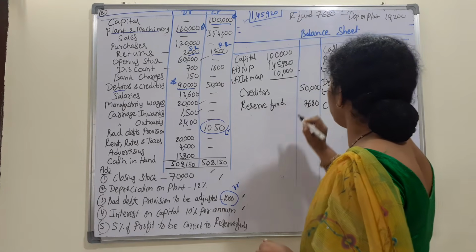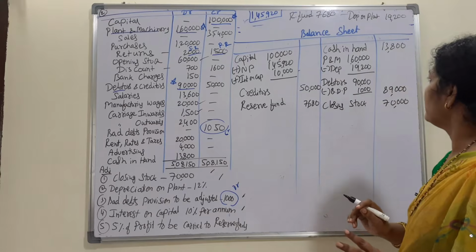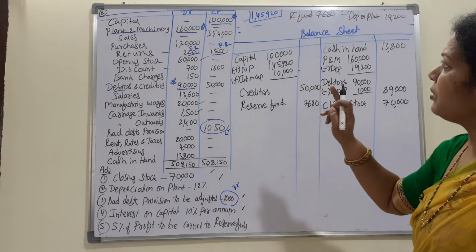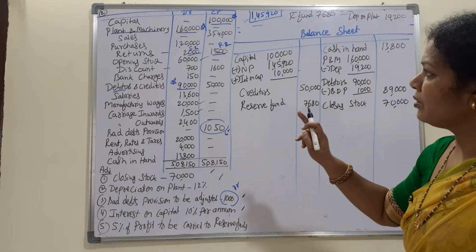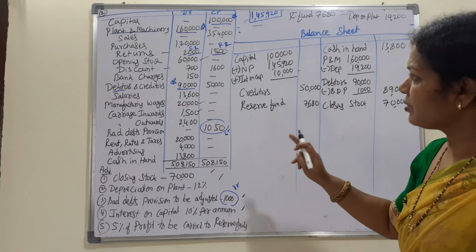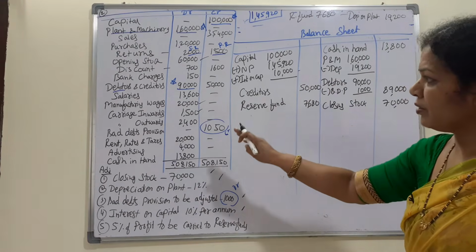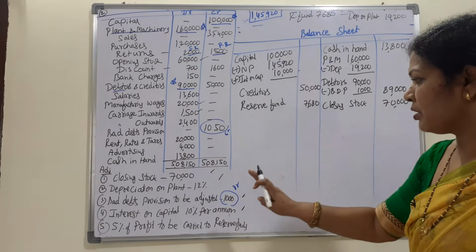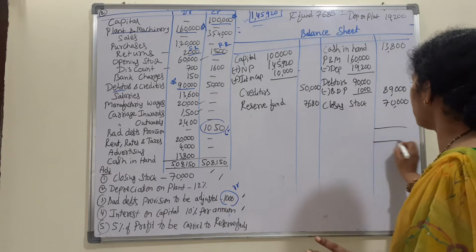Already we have calculated, so 7,680. Anything else to write? Capital, plant and machinery is over. Opening stock, debtors, creditors are over, and our cash in hand is also taken. That's it. Now we'll close this.